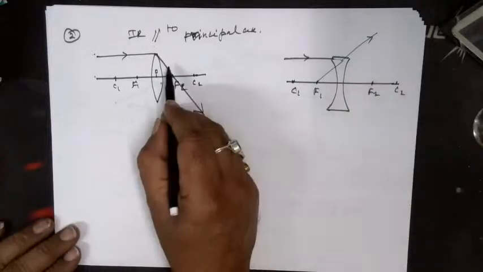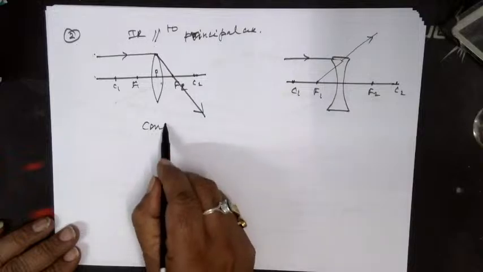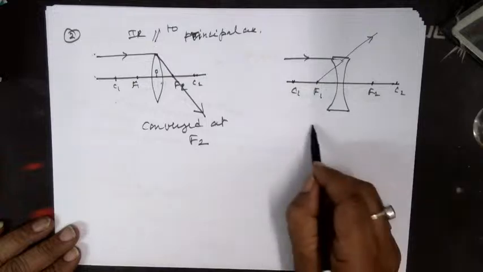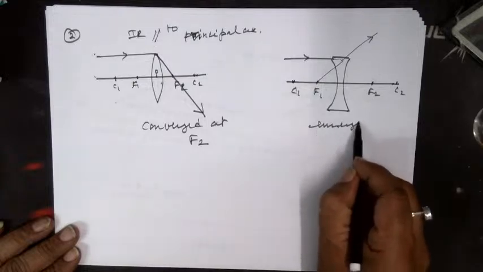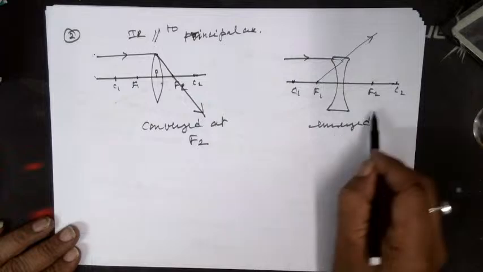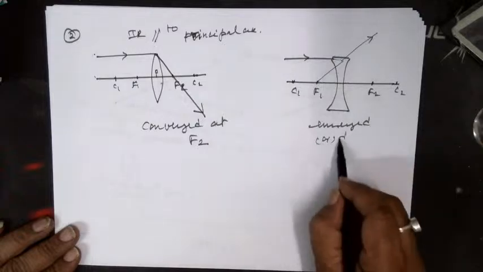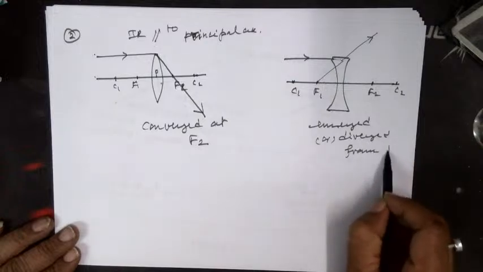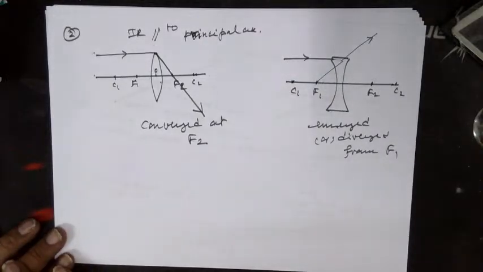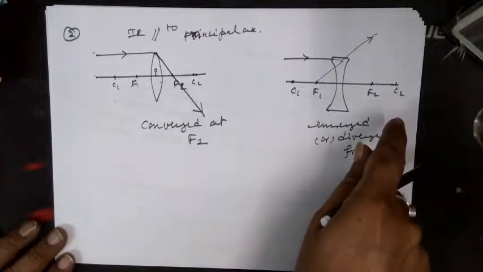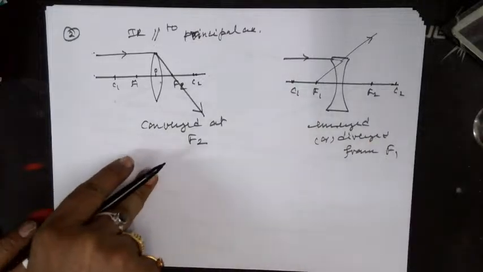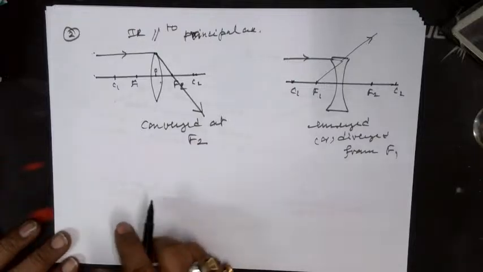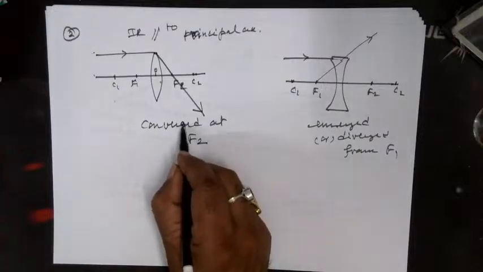So this is converged at F2, this is emerged or diverged from F1. And that is why the concave lens is called a diverging lens and the convex one is called a convergent lens. So this is converged.